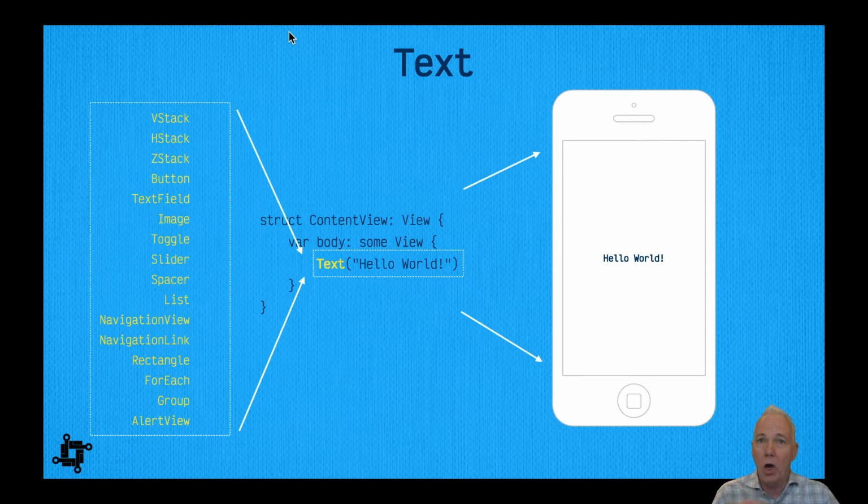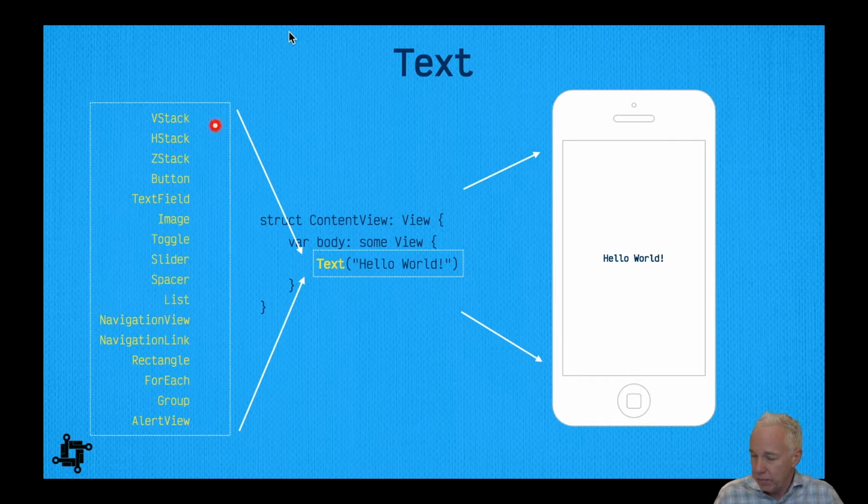And there are all sorts of views that we will be able to take advantage of. So for example, I've just listed a short 10 or 15 of them, but there are 40 or 50 different types of views that come right out of the box in SwiftUI to help us build up our UI. And you can create your own views and your own custom views to reuse in your app or in other apps that you build. So there's really no limit on this.